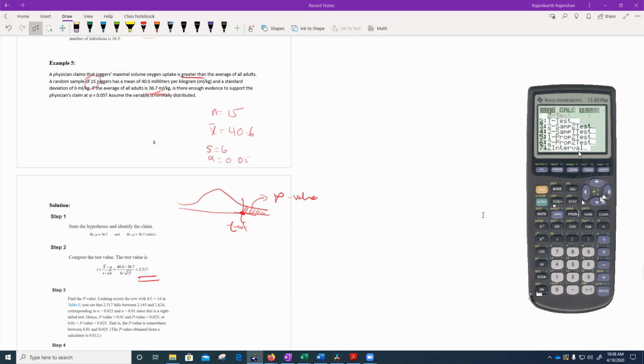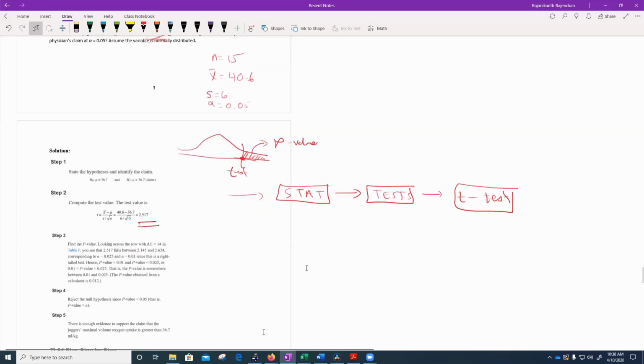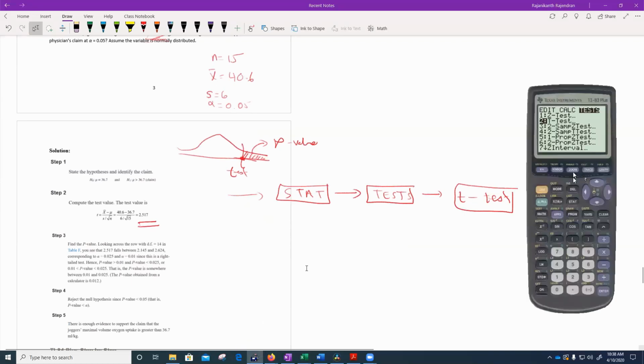So for test, I'm going to use the second one now, t-test. Okay, so here use stats, go to test, then go to t-test. Right, so now let's plug in all the numbers. N is 15, so I need to know what?